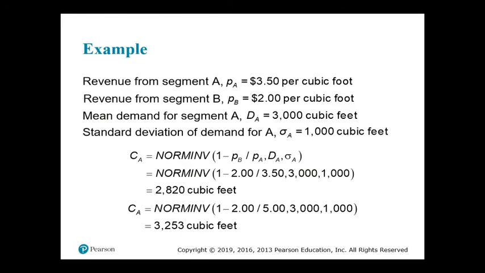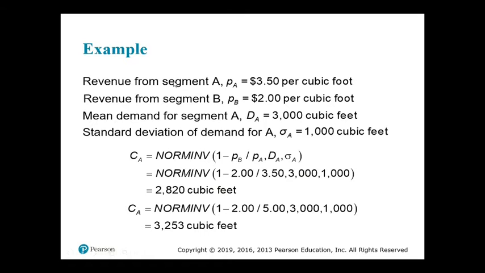So let's look at a quick example. Let's say we have two segments, segments A and B, and using our previous example data, so for segment A we're charging $3.5, for segment B we're charging $2, and the average demand.